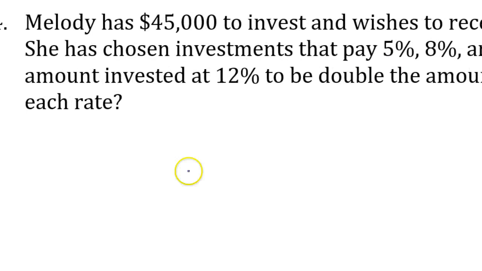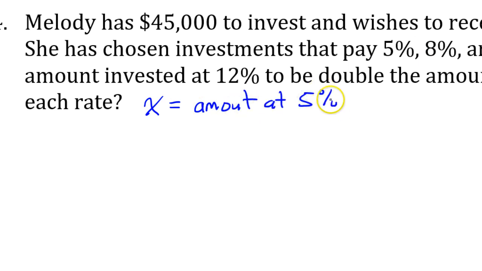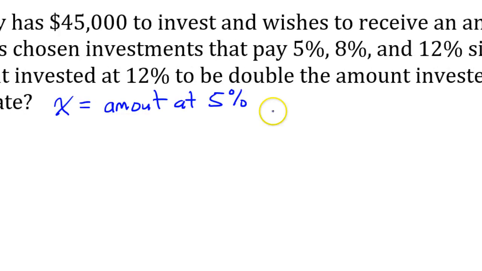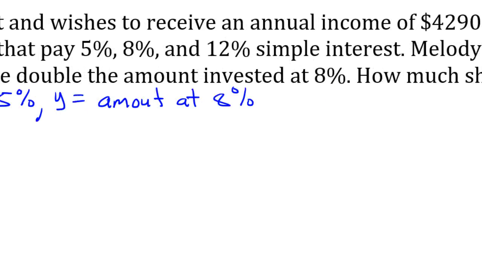So I'm just going to let X be the amount at 5%. I'll let Y be the amount at 8%. And I'll let Z be the amount at 12%.